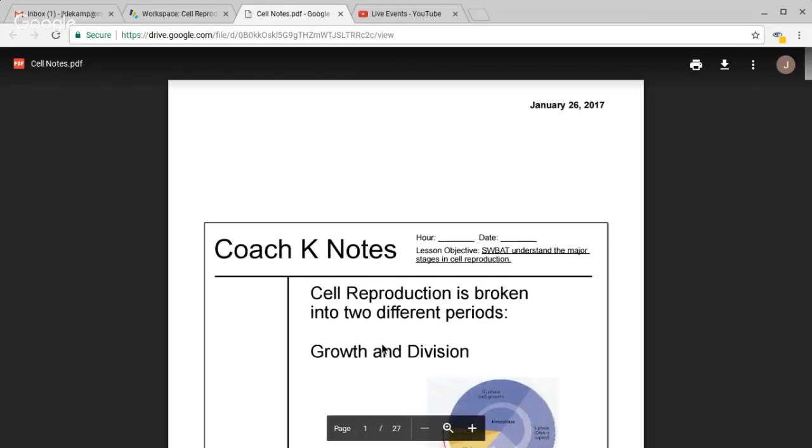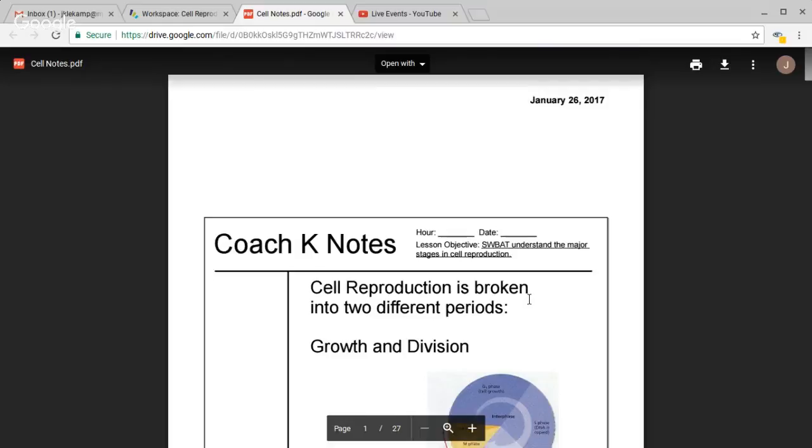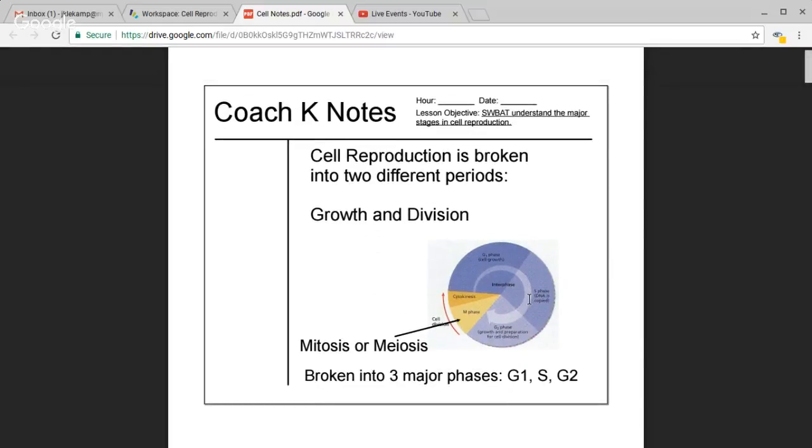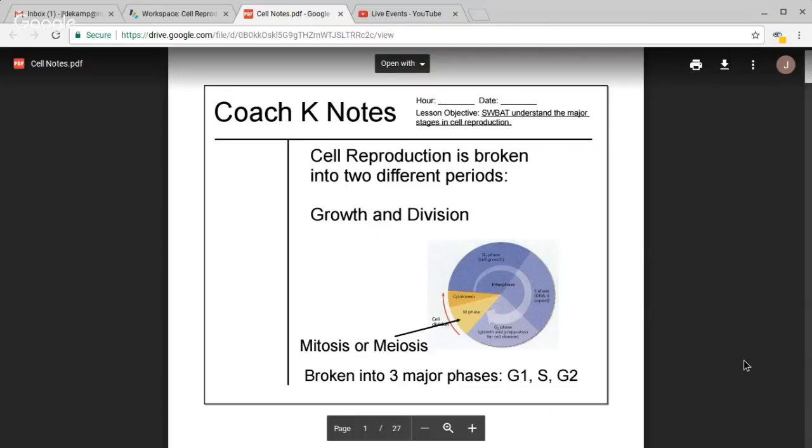When we talk about cellular reproduction, we're talking about two different processes. Really, we're going to focus in on mitosis and meiosis. But what you can look at here is when we talk about cellular reproduction overall, we're talking about the whole process of growth and division.